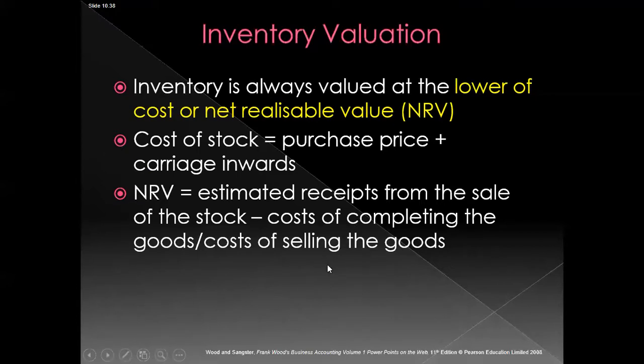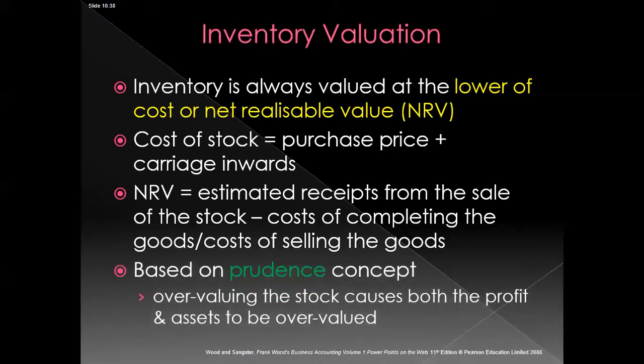The cost of selling the goods can be carriage outwards, which is the delivery cost for transporting the products to the customers. Why are we doing this? This is based on the prudence concept. Not overvaluing the stock, because it will cause both the profit and assets to be overvalued. I will show you how this works later.